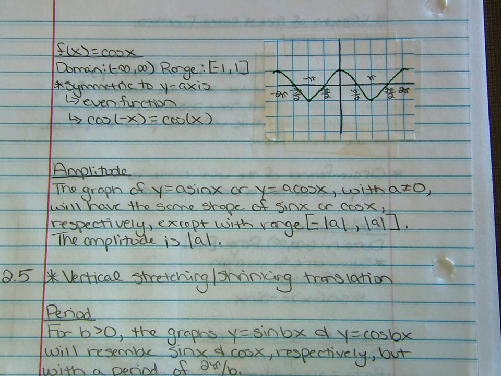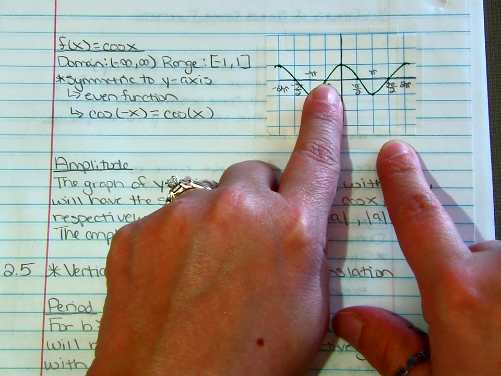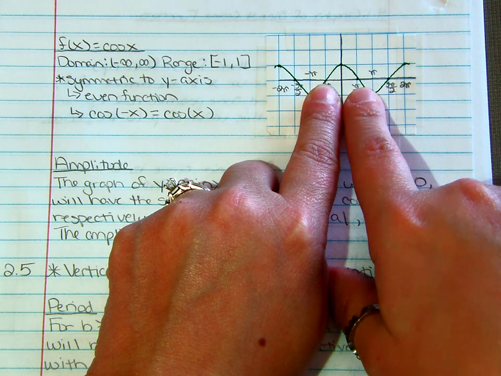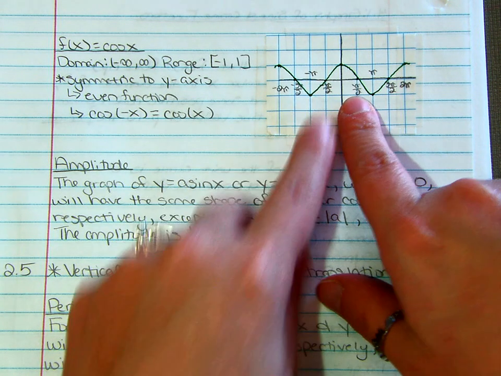This is an even function, which means if you plug in -x, you're going to get the same thing out as with positive x, which you can see in the graph. Because if I'm looking at -pi/2, I'm at 0. And if I'm looking at positive pi/2, I'm also at 0. It doesn't matter if it was negative or positive, I'm getting the same output.